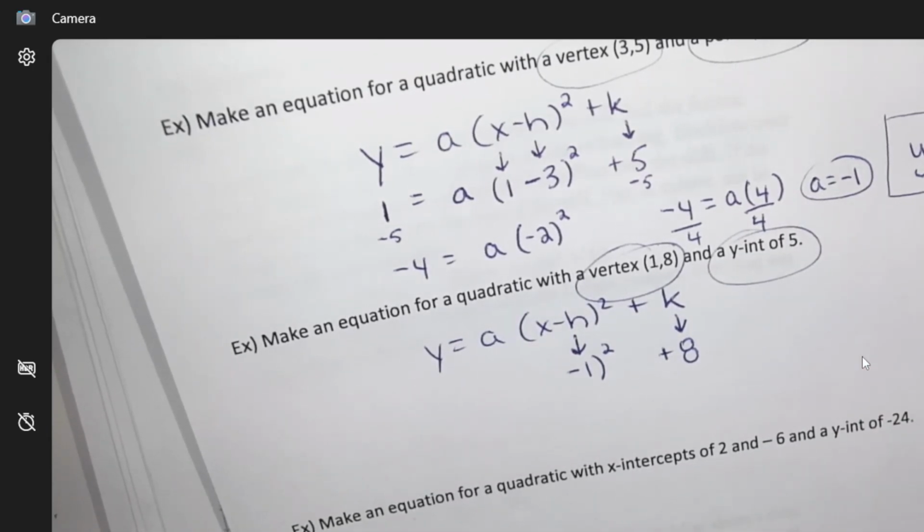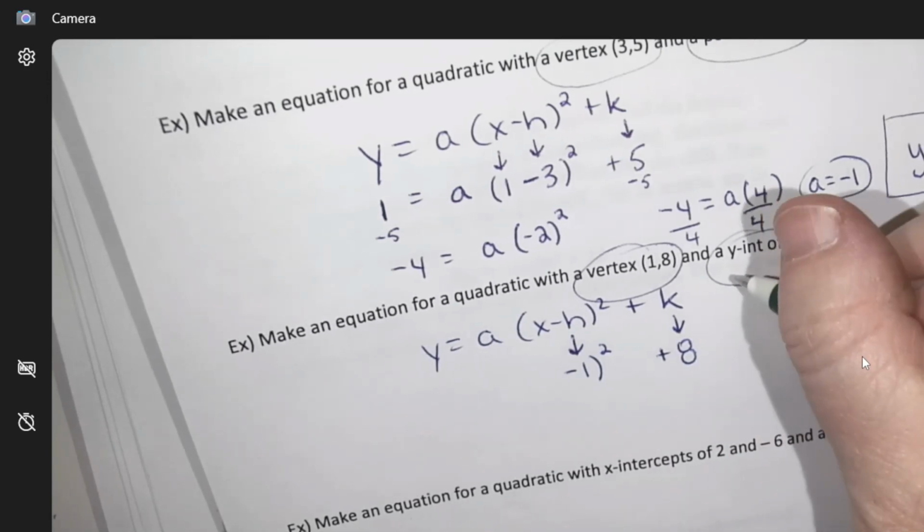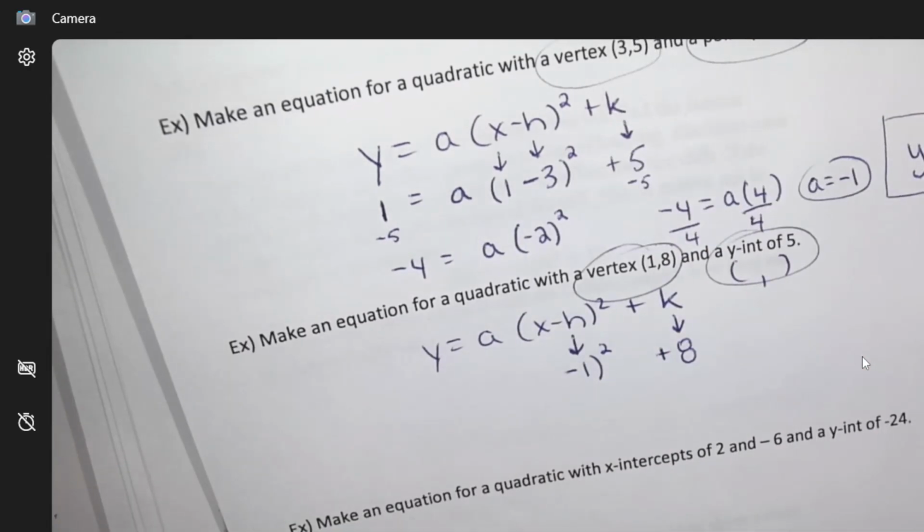And it has a y-intercept of 5. Okay, this one's tricky. If you forget this, it's going to leave you stuck. I can't just put in a y-intercept, but I can put in a point. Does anybody know what this would be if I called it a point like that? What would I put?